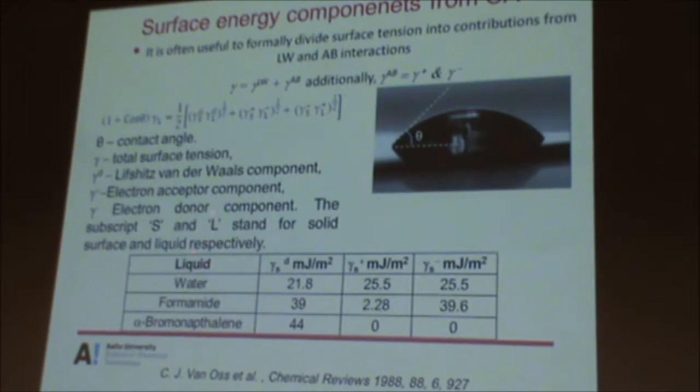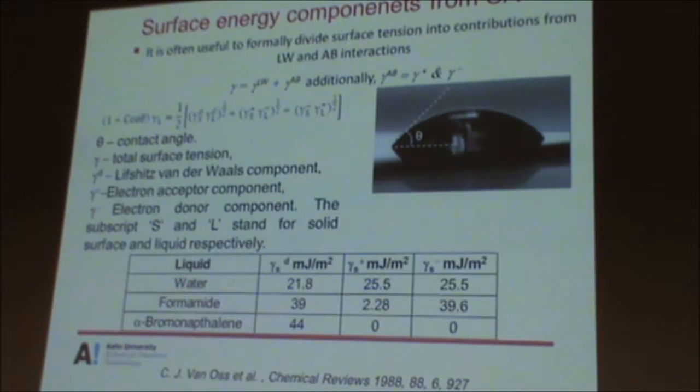But for liquids, which have been studied using the previous method, you know the components. So you have 3 variables, and if you get 3 equations, you can solve them. 3 simultaneous equations, and you can get the individual values of the 3 parameters. You understand that? It's simple mathematics.